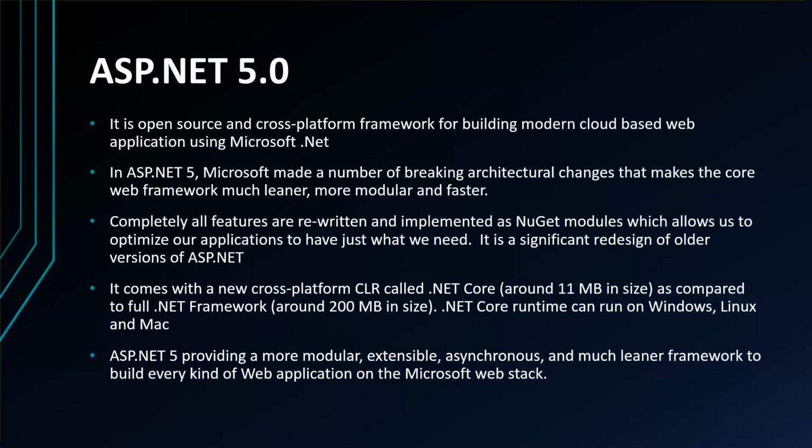From the size itself, we can easily understand how tiny they made it, and it is targeted to run on Windows and other platforms like Linux and Mac OS. It provides more modularity and extensibility, supports asynchronous programming, and is a leaner framework for building every kind of web application on the Microsoft web stack.